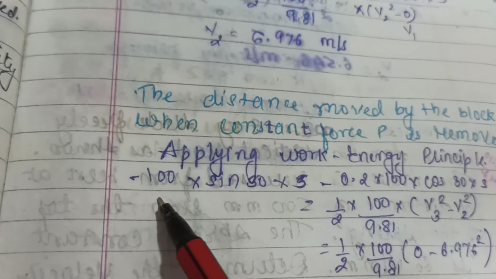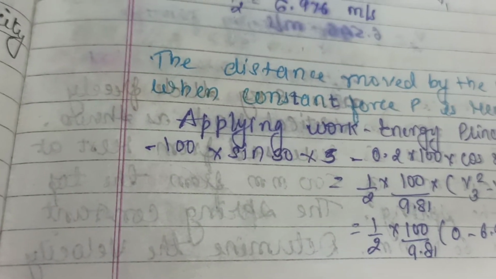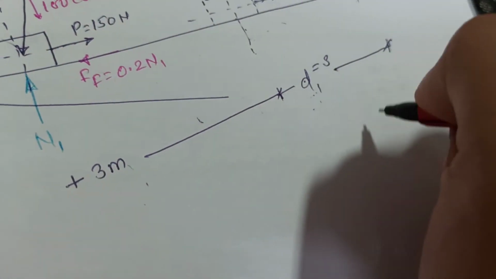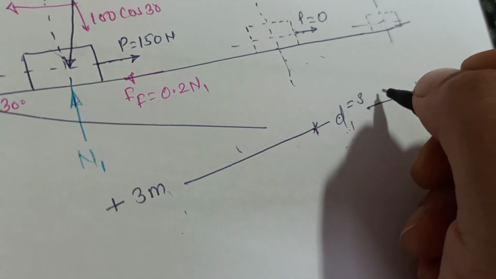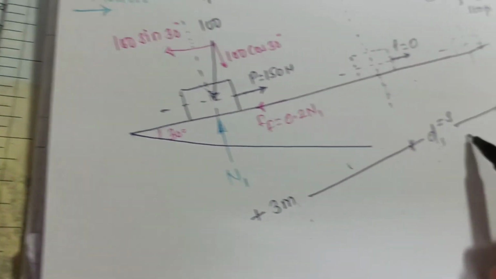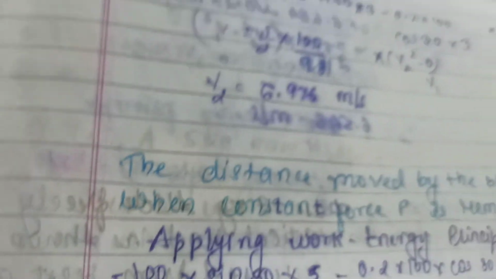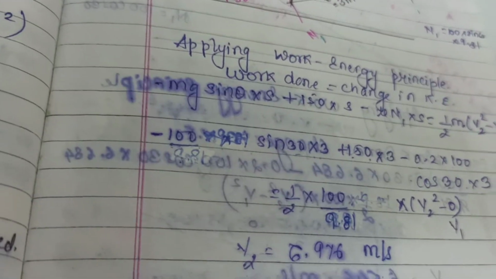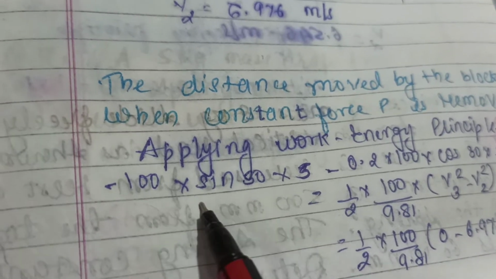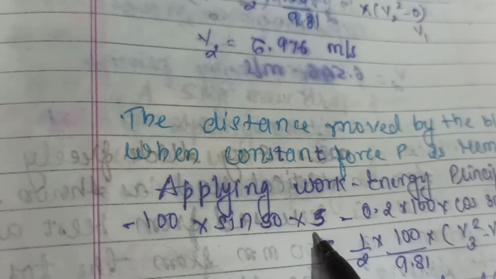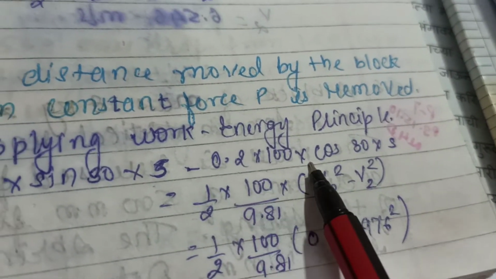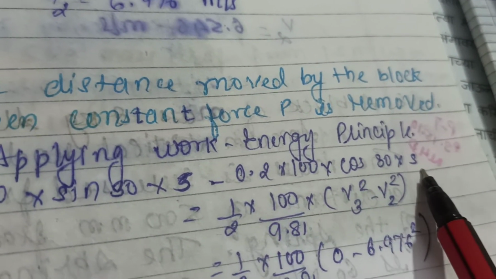So it is equal to minus, I have written d1 here, you can take it as s also, d1 equal to s. While writing this equation I have written d1 equal to s, so we can take d1 as equal to s also. So here the block is moving upwards, so the equation will become minus 100 into sine 30 into distance, which is now s, minus force of friction, that is minus 0.2 into 100 cos 30 into distance, again s.